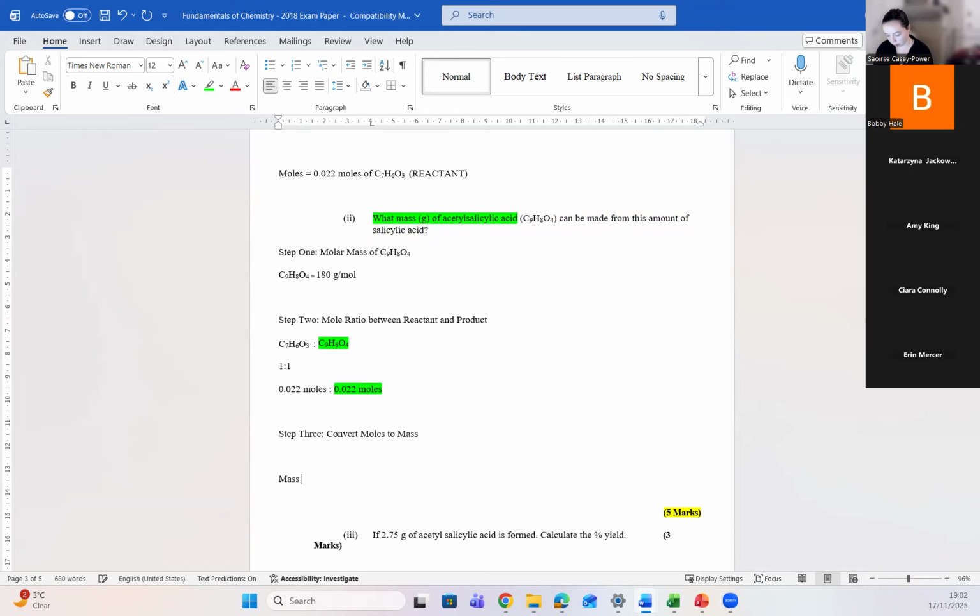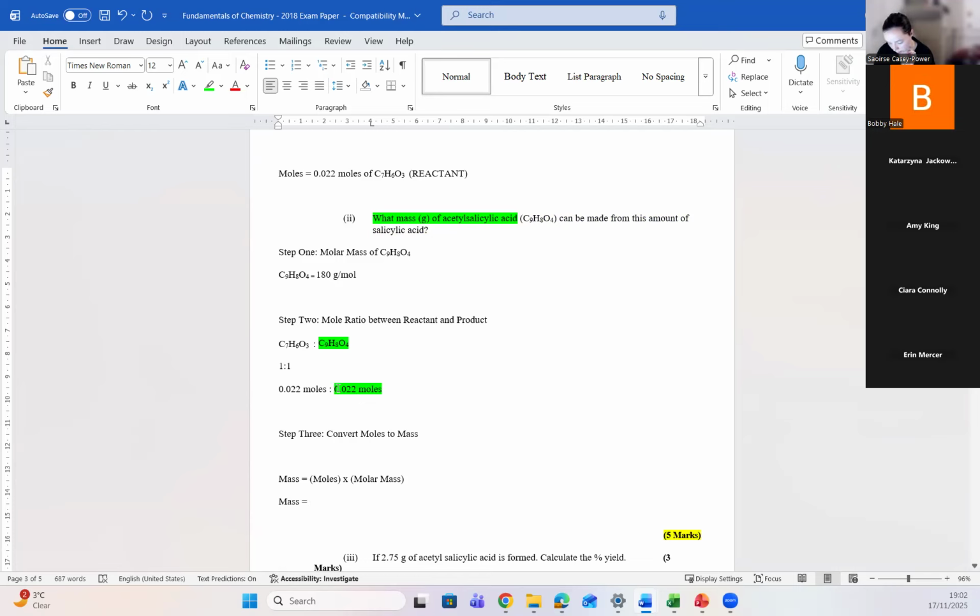You had your triangle: mass is your moles multiplied by the molar mass. We've just worked out 0.022 moles, and our molar mass that we worked out in step 1 is 180 grams per mole.